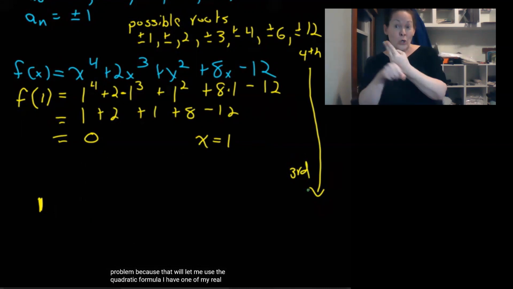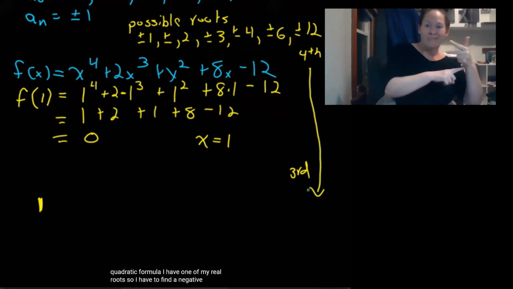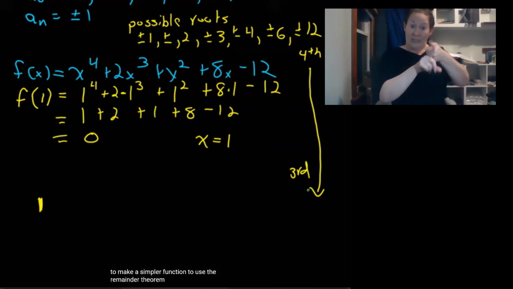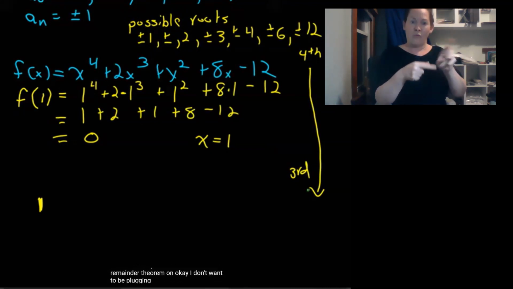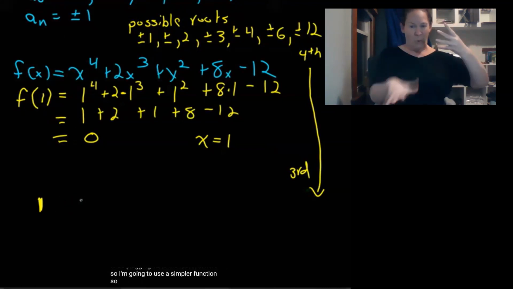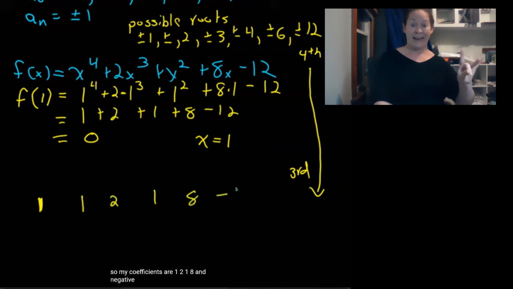I have one of my real roots, so I have to find a negative root out of this. And what I'm hoping to do is to make a simpler function to use the remainder theorem on. Right? I don't want to be plugging 12 to the 4th in here, so I'm going to use a simpler function. So my coefficients are 1, 2, 1, 8, and negative 12.